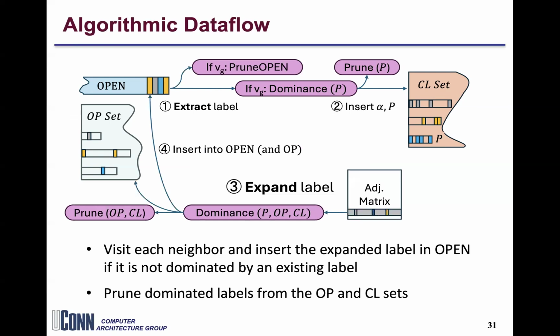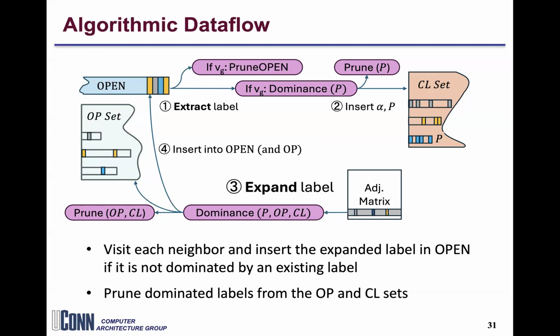Now, once you're done with this extraction computation, that label is inserted in the closed set. Now it's time for that label to expand. Meaning you found a Pareto optimal label for a node. That node is connected to other nodes, the edges of that node. Each edge is visited, each neighbor is visited, and the expanded label is inserted into the open.